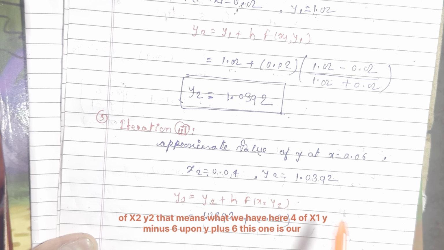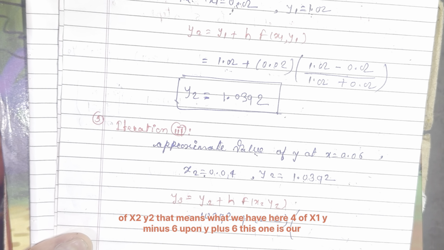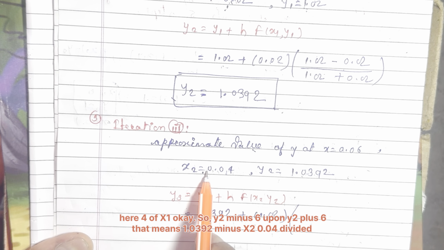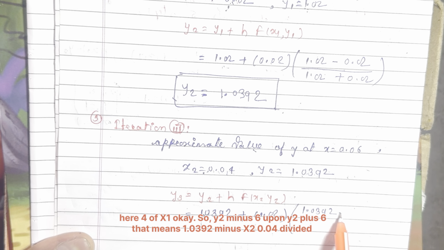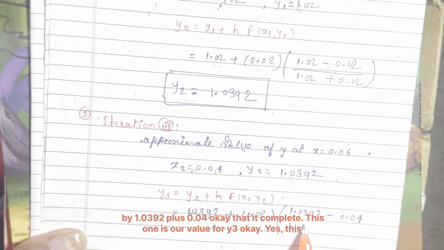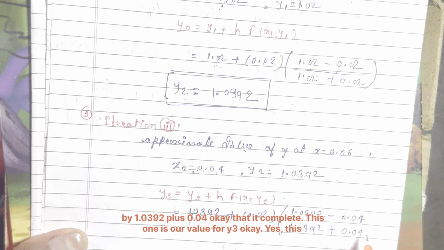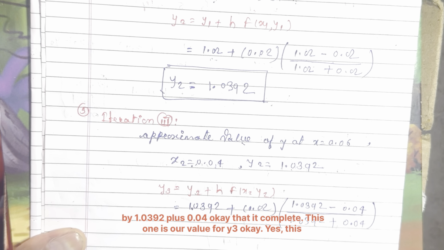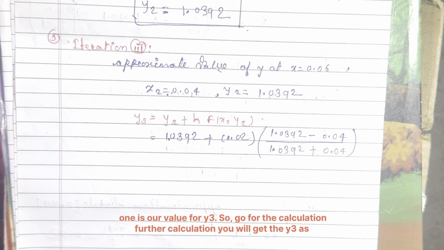Now f of x2 y2, where f of x y is (y minus x) upon (y plus x). So y2 minus x2 upon y2 plus x2 means 1.0392 minus 0.04 divided by 1.0392 plus 0.04, bracket complete. This is the value for y3.